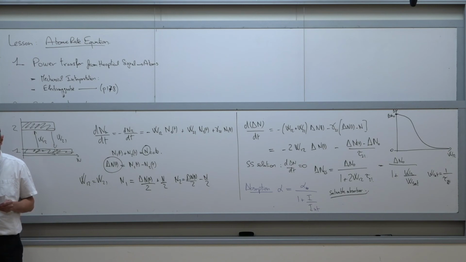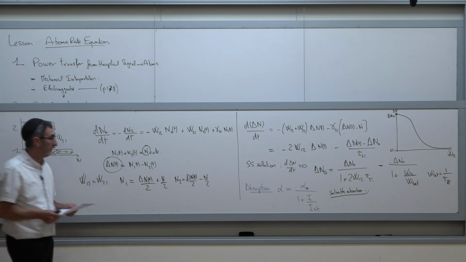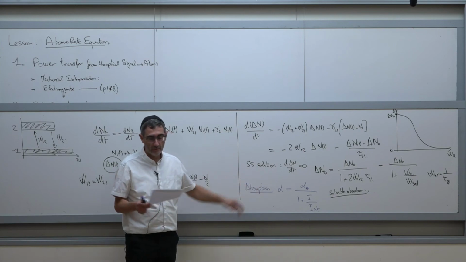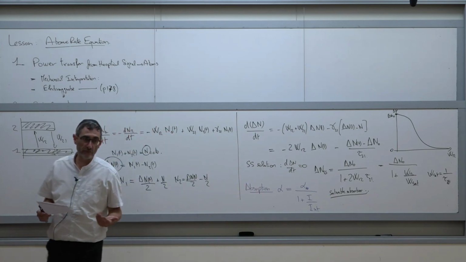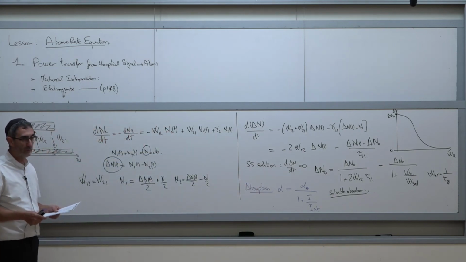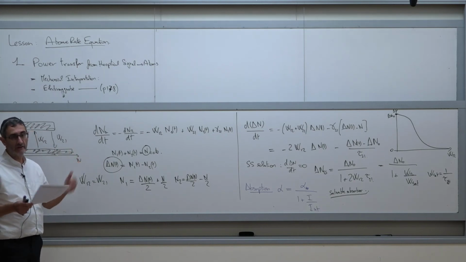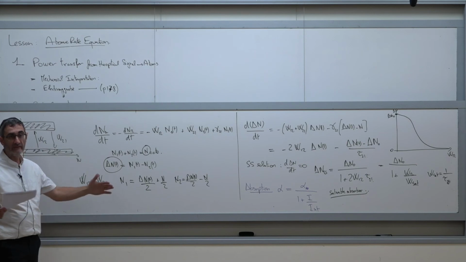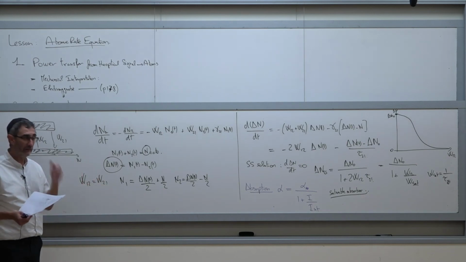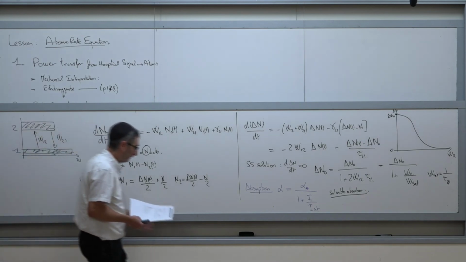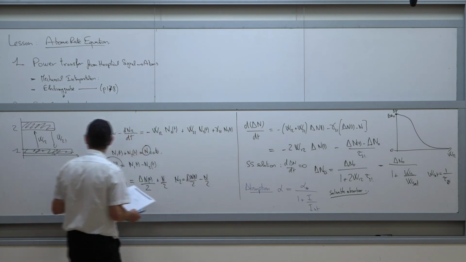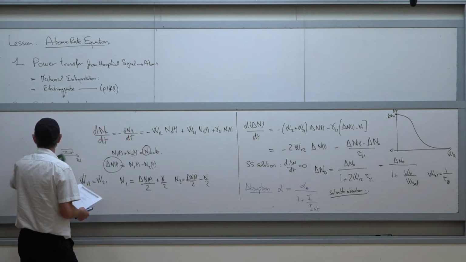Okay, I'm done. That's the steady state solution. What will be the full, complete solution? The complete solution means that you start from an initial value, and you look at how the system evolves in time, you look at the transient in time.